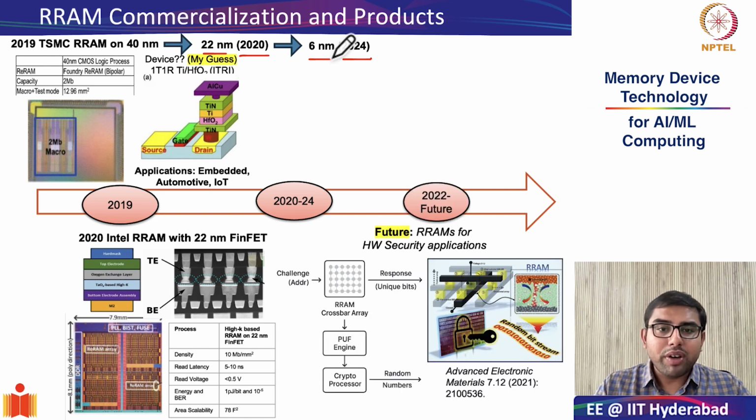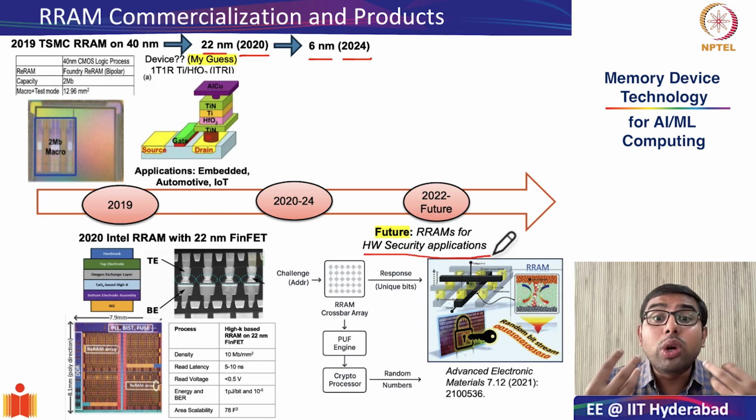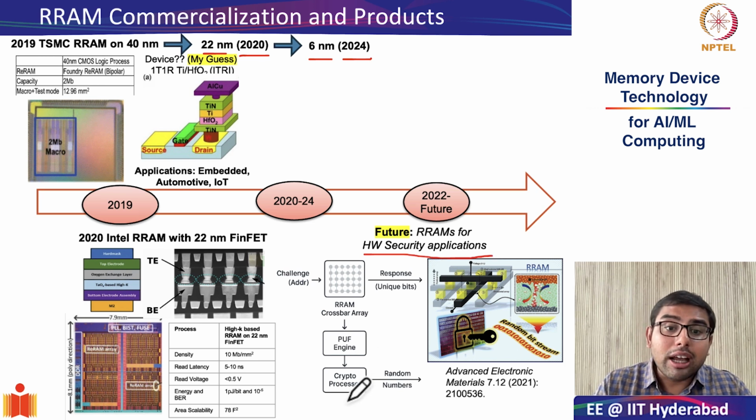However, RRAMs have a very rich application space going into the future. The first application space that people are exploring now is RRAMs for hardware security applications, where the inherent stochasticity in the forming and dissolution of the conductive filaments of the RRAM is not prevented, but actually utilized for creating effective true random number generators and physically unclonable functions for crypto engines.